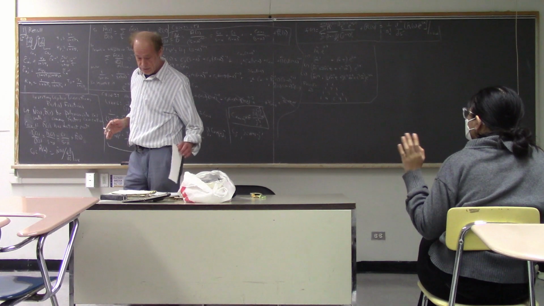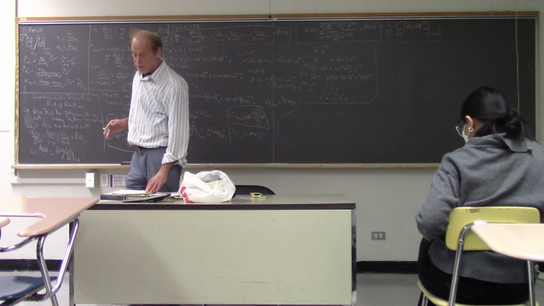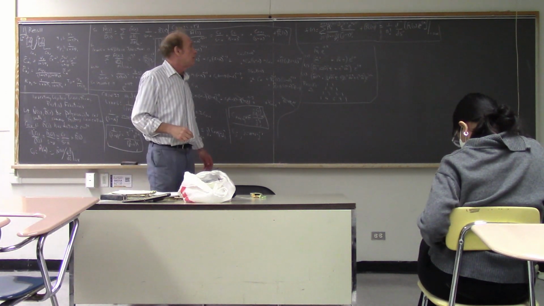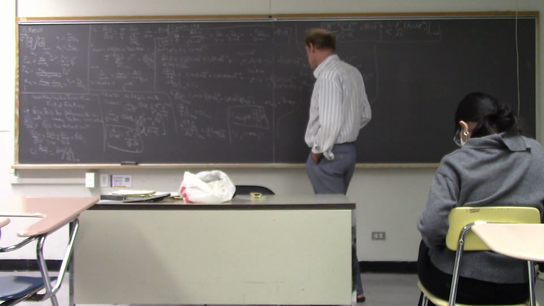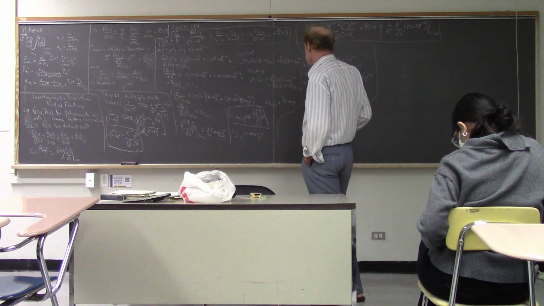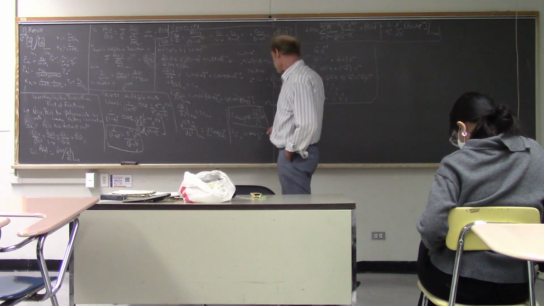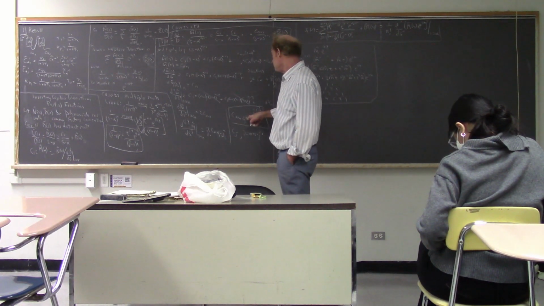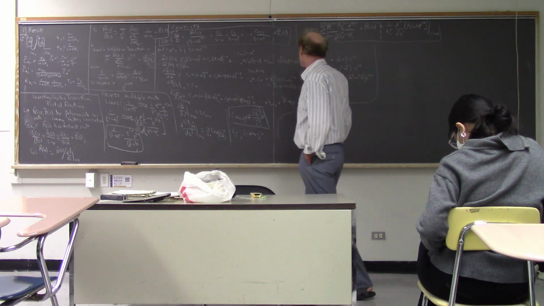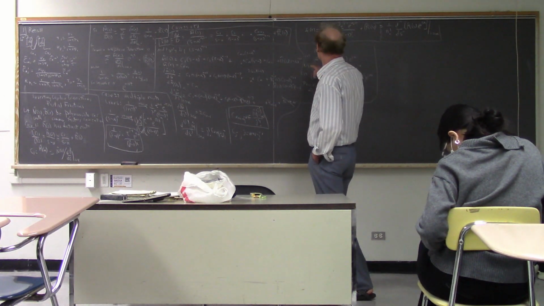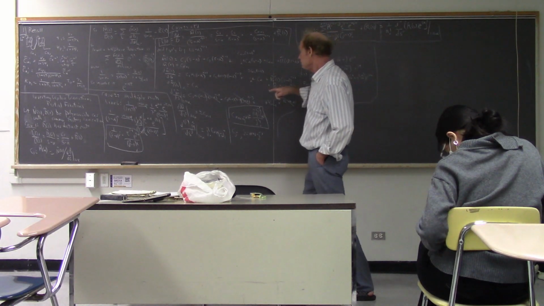Questions? Professor, for the f of t equals some sum, why don't you use the j prime as you mentioned earlier? I eliminated j prime. I said this is c sub n plus 1 minus j prime. But I don't want c sub n plus 1 minus j prime, I want c sub j.